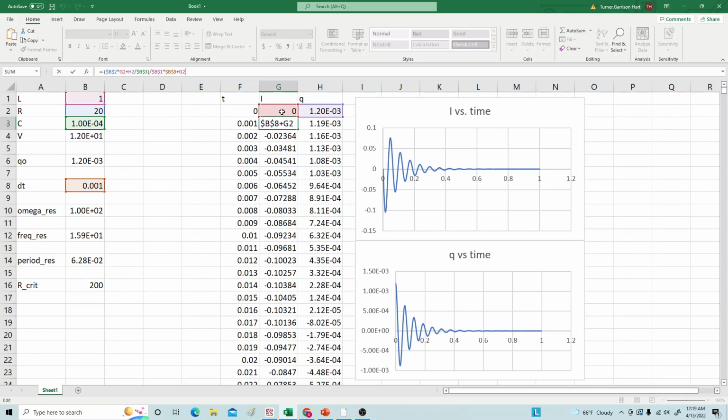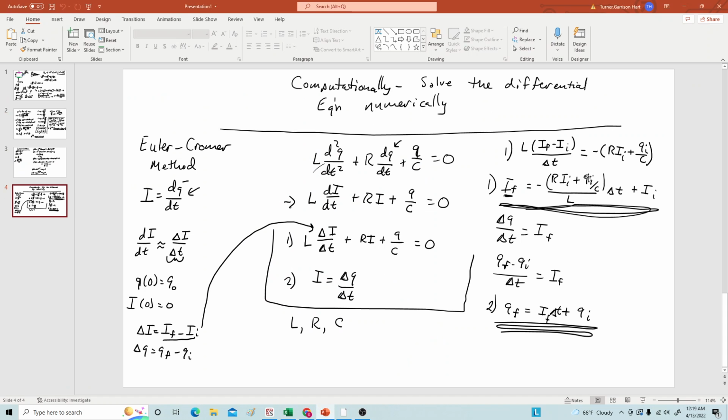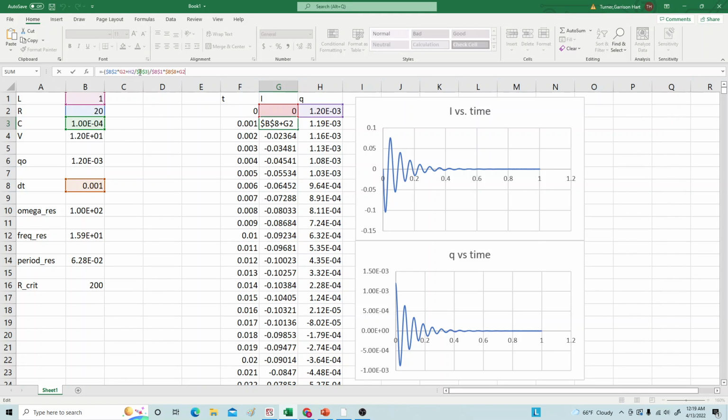G2 is the initial current that I have right here, plus H2, which is the initial charge. So initial charge divided by the capacitance. H2 divided by B3. B3 is the capacitance. All with a negative sign. Divided by B1, which is the inductance. Multiplied by B8, which is the time interval. Plus G2, which is the initial current.